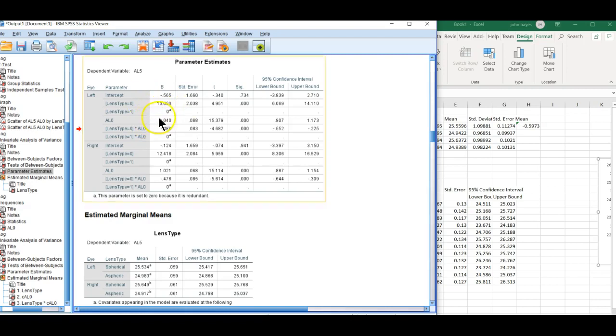And if we have axial length in there, then we multiply 1.04 times the baseline axial length, whether it's 24, 25, 26, whatever it is, you multiply that, add these guys up, and that's your predicted left eye for spherical lens, with the 10. And if you were doing an aspheric, you'd do everything the same, except you'd use this one.